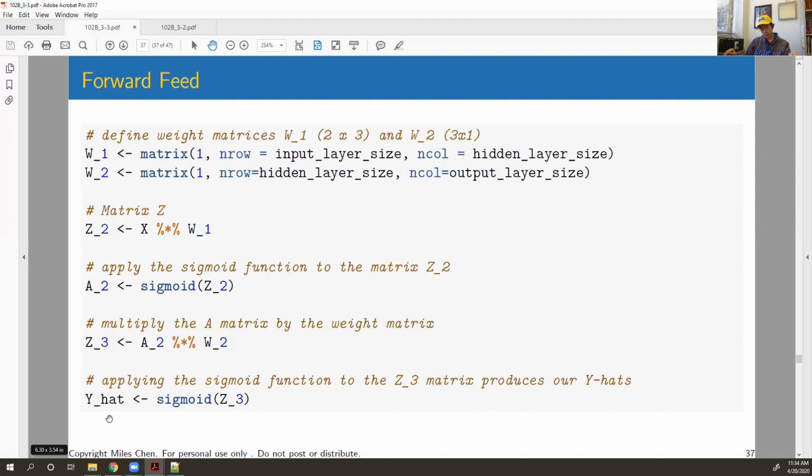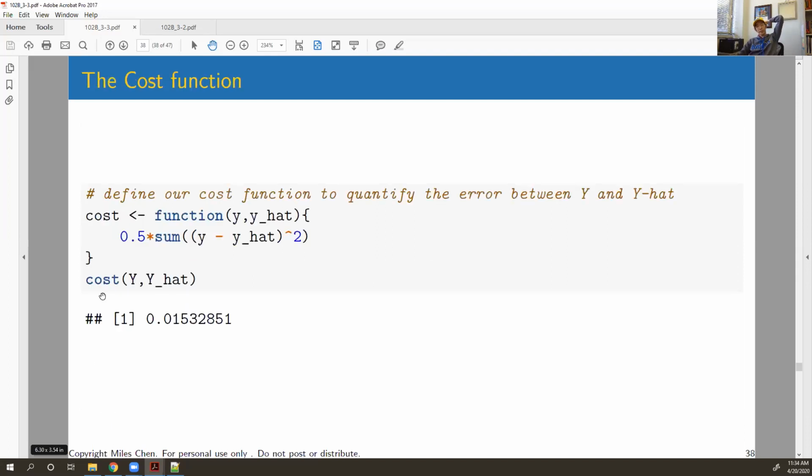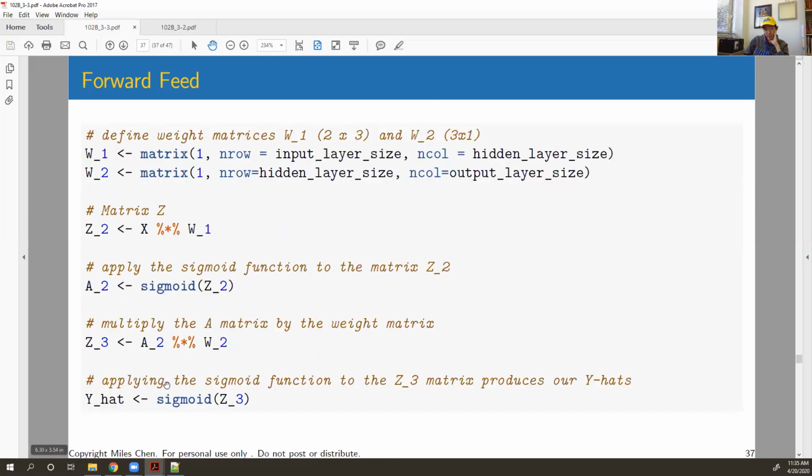Okay, so now that I have my Y hat values, I want to calculate my cost function. How much loss do I have? I'm going to take the difference between Y, the actual values, and our predicted values Y hat. The previous slide shows us how we got our Y hat values.